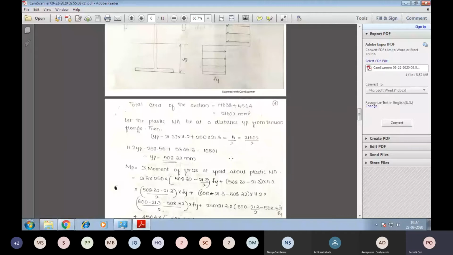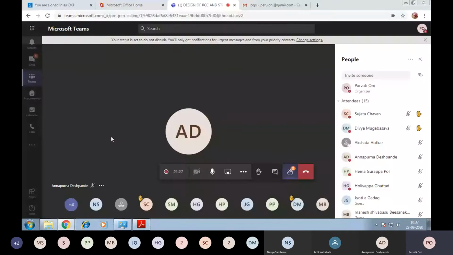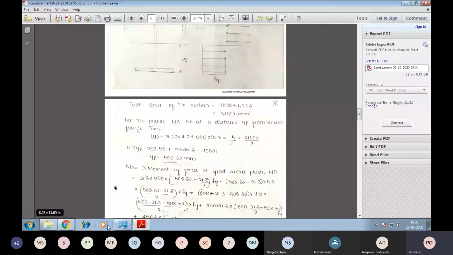Hope everybody has got this answer, 508.32. Just solve this equation and you will get YP as 508.32.